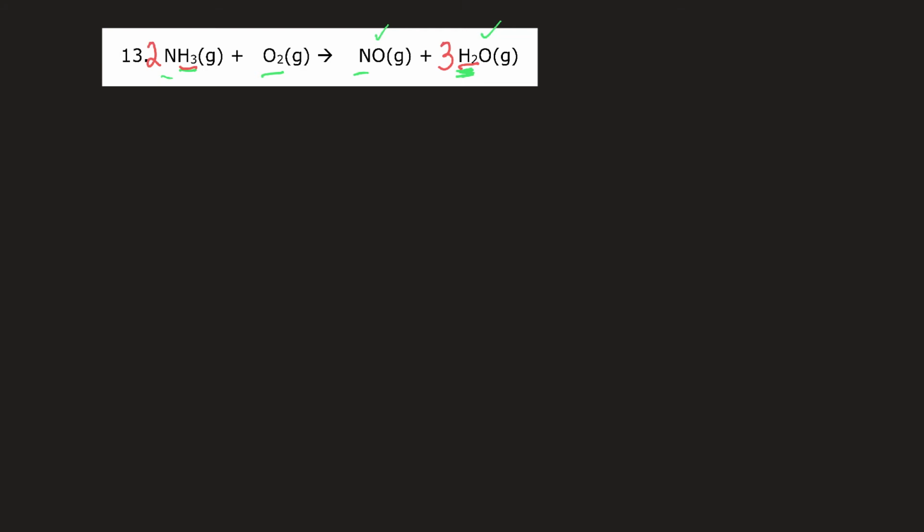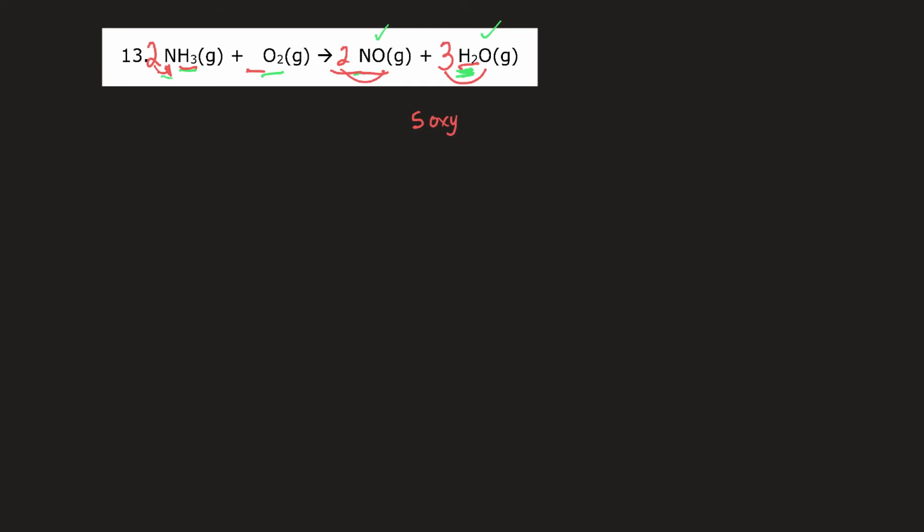Now let's check out and see what we've got for the rest of the stuff. So 2 nitrogens, I'd need to put a 2 here to get the 2 nitrogens. And then here I've got 3 oxygens plus another 2, so there's 5 oxygens on this side, and there's only 2 on this side.